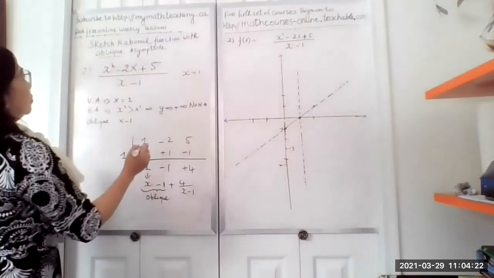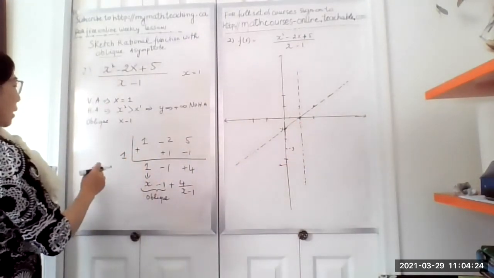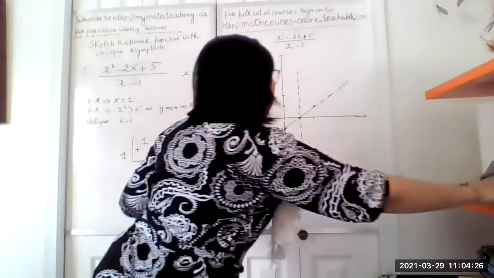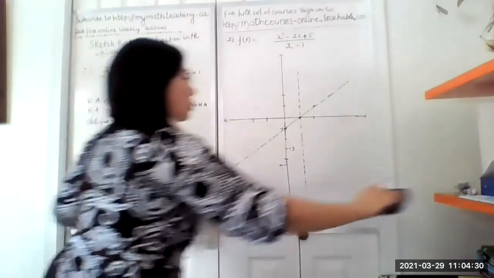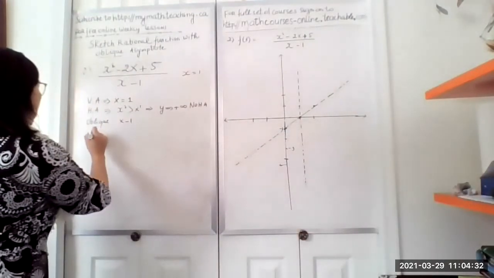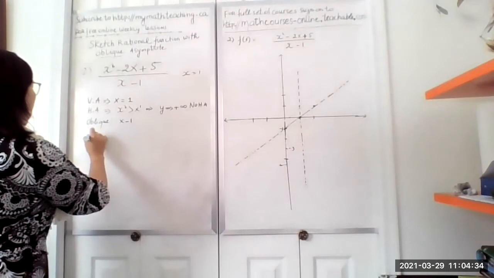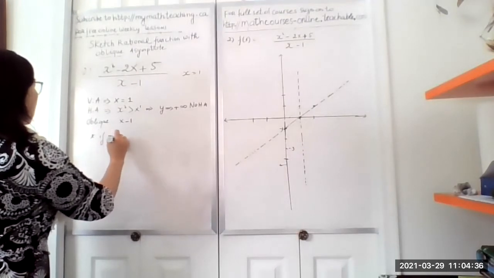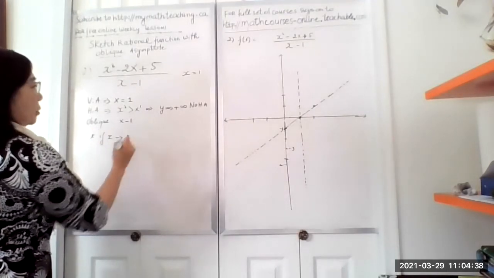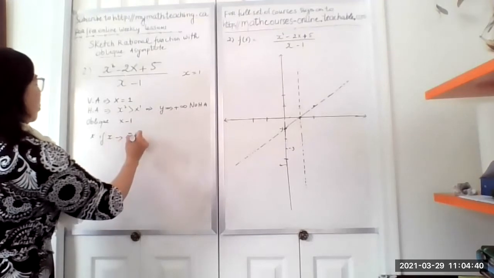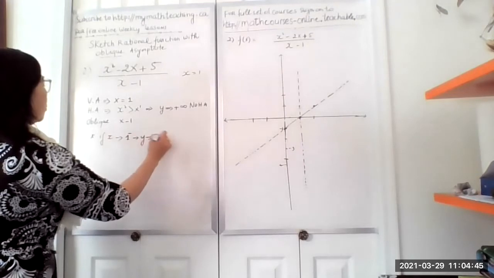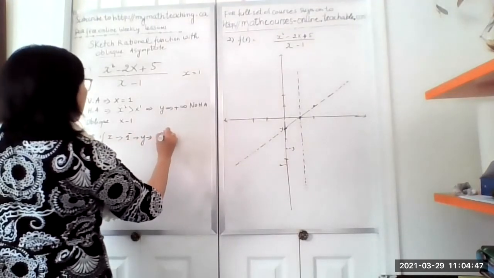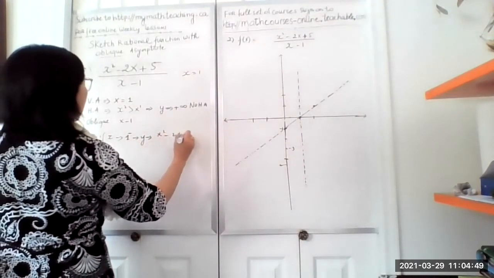So when x approaches 1 on the left side, if x approaches 1 but from the left, then y will approach what? We're going to substitute in here and figure it out.